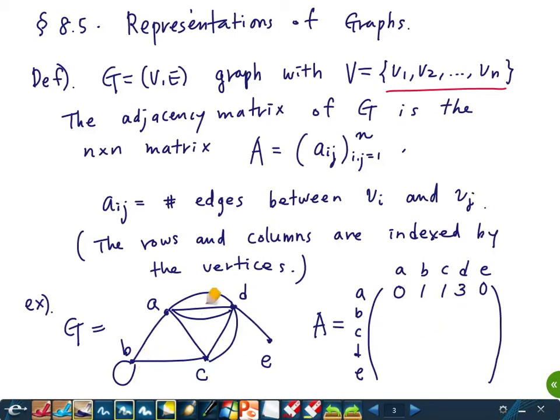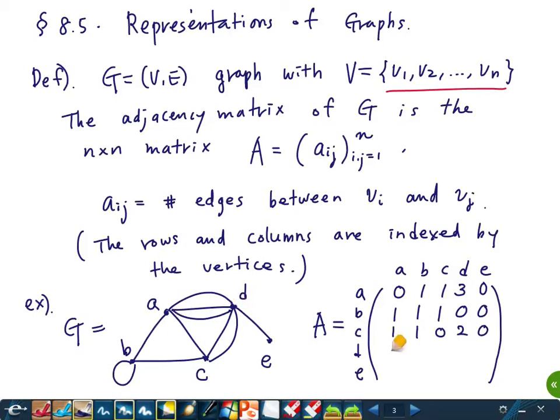B and A is 1. And BB, there is 1 loop at B, so it's going to be 1. Number of edges between B and C, 1. And it's not connected to anything else directly, so 0, 0. And C is connected to A by 1 edge, B by 1 edge, C no loop, D 2, nothing between C and E, like that.